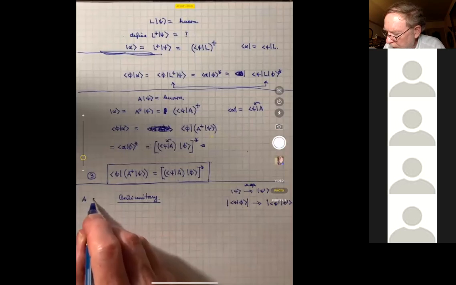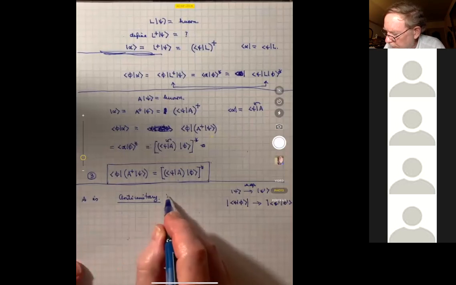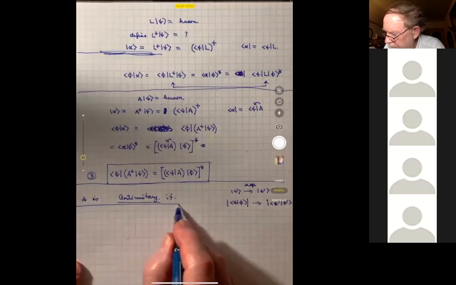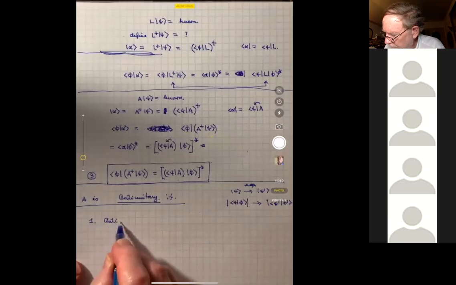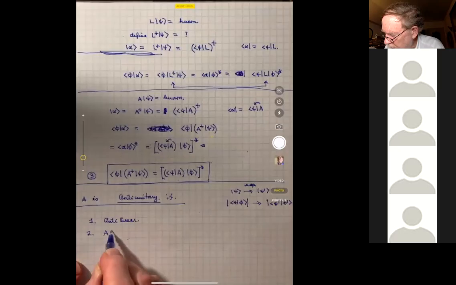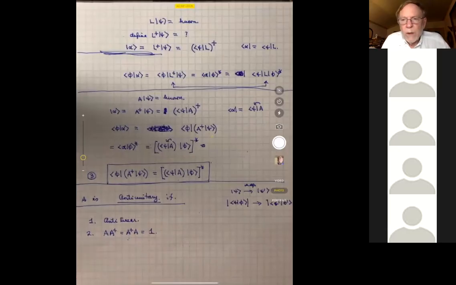We'll say an operator A is anti-unitary if it has the following properties. The first one is that it is antilinear. And the second one is that it satisfies A A dagger equals A dagger A equals the identity. By the way, it's an obvious property of antilinear operators that if you multiply two of them together, you get a linear operator.